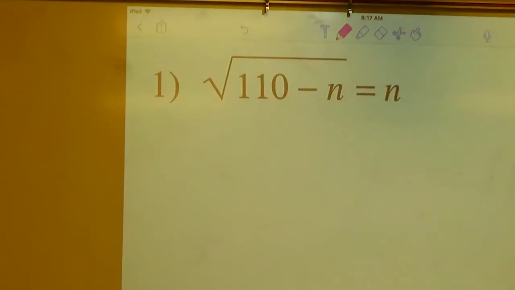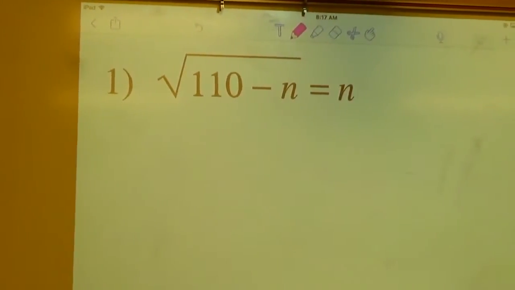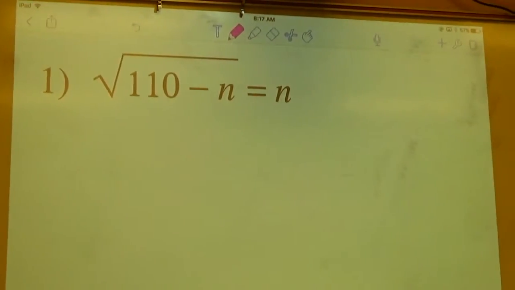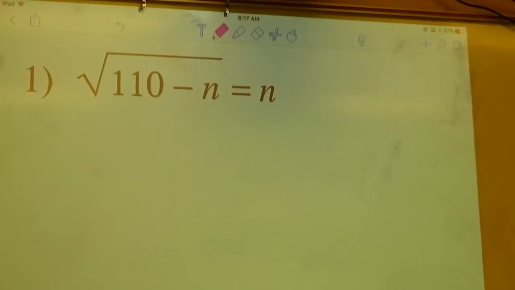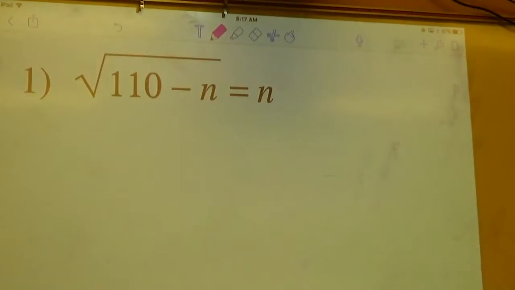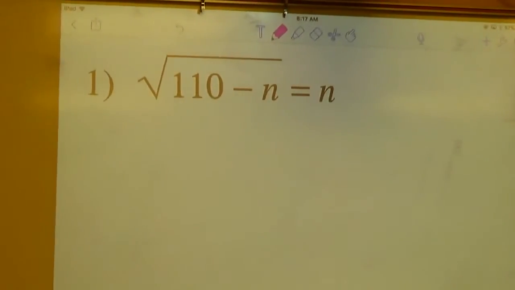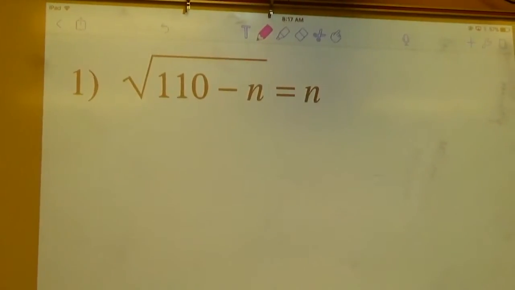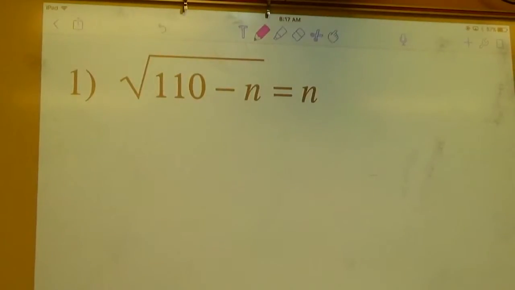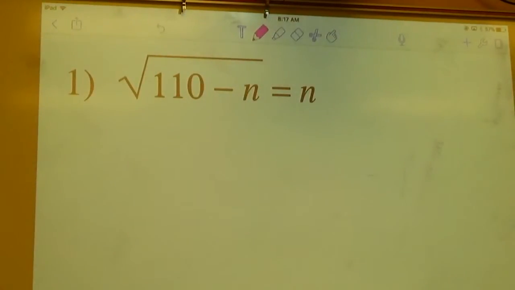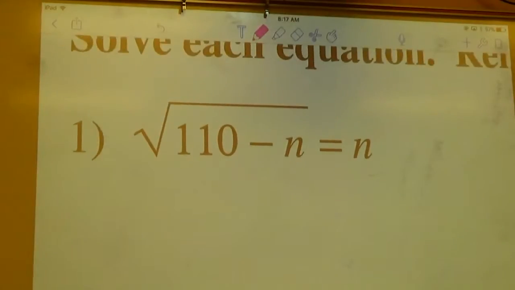Alright. For this one, we've got the square root of 110 minus n equals n. Remember, step 1, get the square root by itself. Is it on one side by itself? The square root, so this chunk, is it by itself on that side? Yes. So I can go ahead and square both sides.